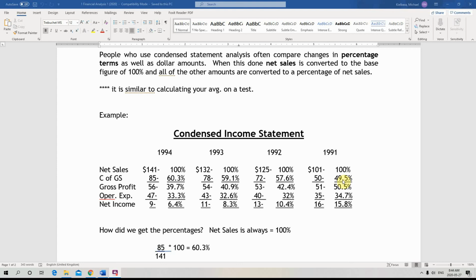So again, once we convert to percentages, the picture becomes a little clearer. We know that operating expenses was not our problem, because as a percentage of net sales, it actually dropped. And cost of goods sold is our problem, because it has steadily increased over that 4-year period.